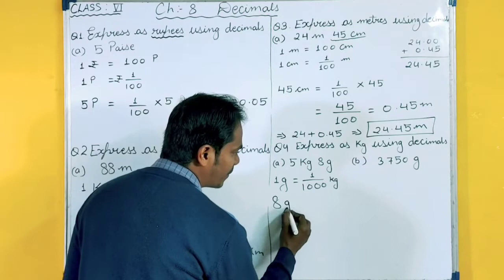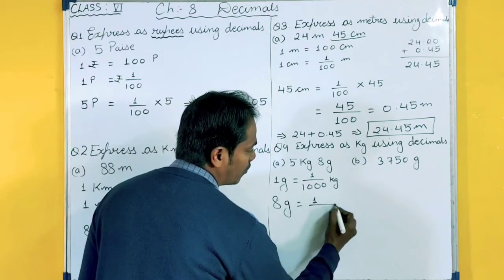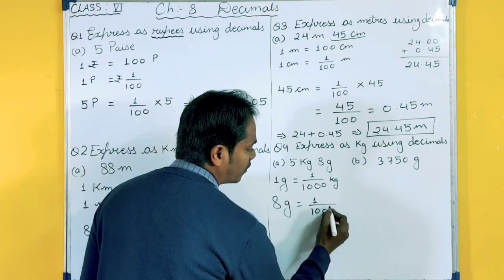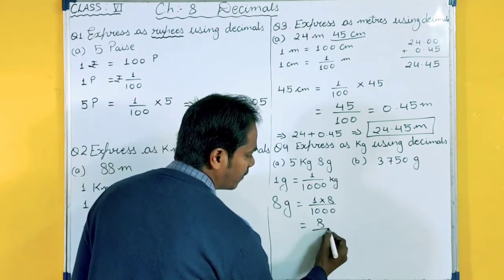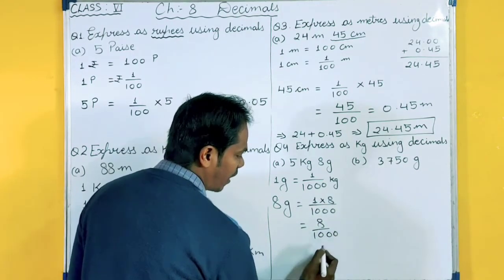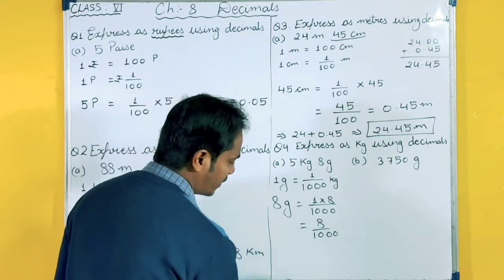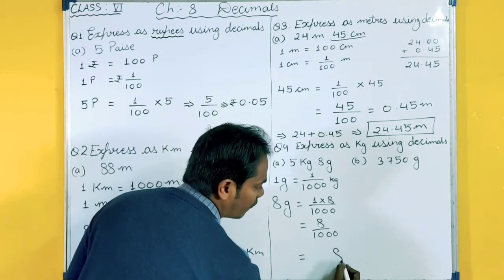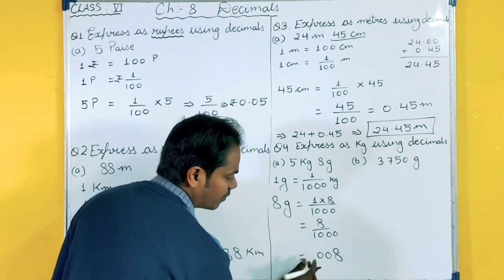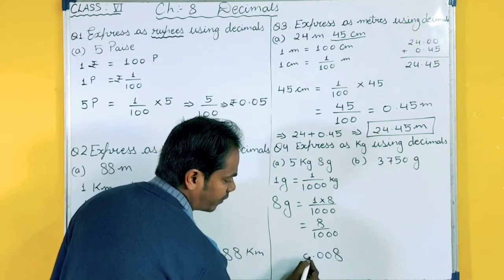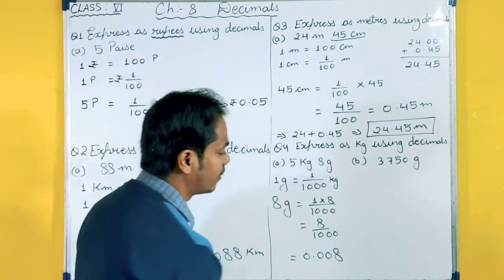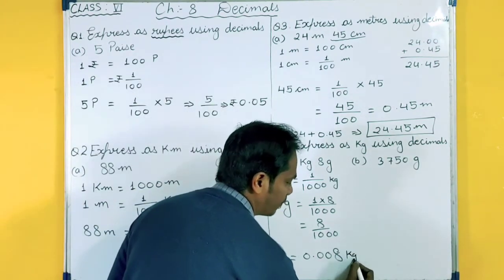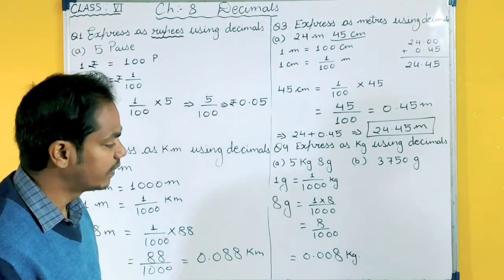So 8 gram is equal to 1 upon 1000 multiplied by 8. So what you will get? 8 upon 1000. Again 3 zeros, which means after 3 values we will mark the point. 0.008 kilogram.